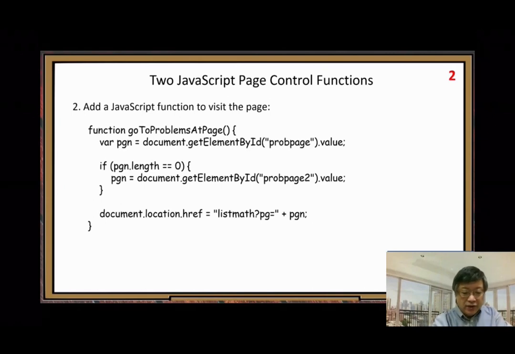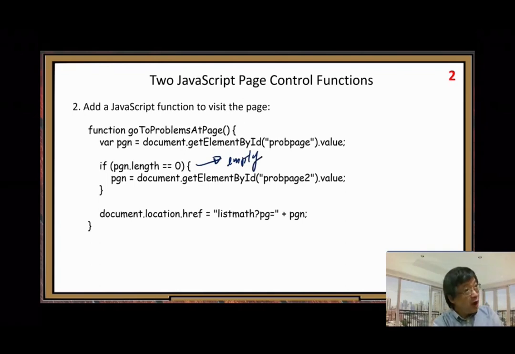So we try from the top input field first. But this number could be empty, right? Could be empty. So we should consider that case. So this is the empty case. So we check it.